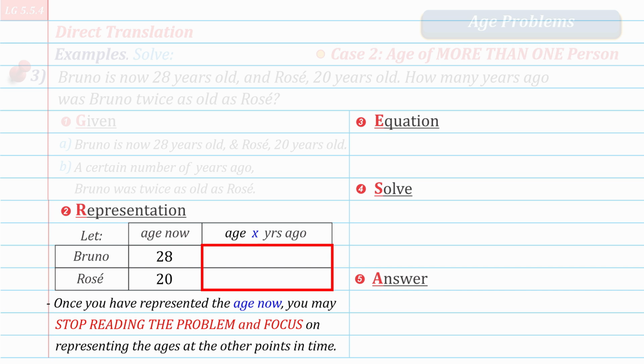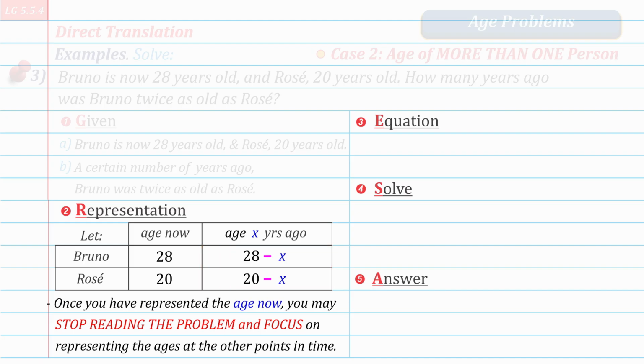So Bruno's age X years ago was age now, 28 minus X. While Rosé's age X years ago was 20, her age now, again minus X. So the key here is representing the past by subtracting the unknown years X.